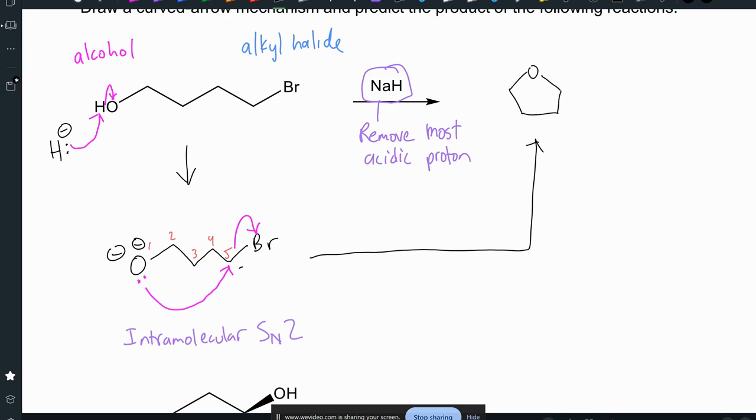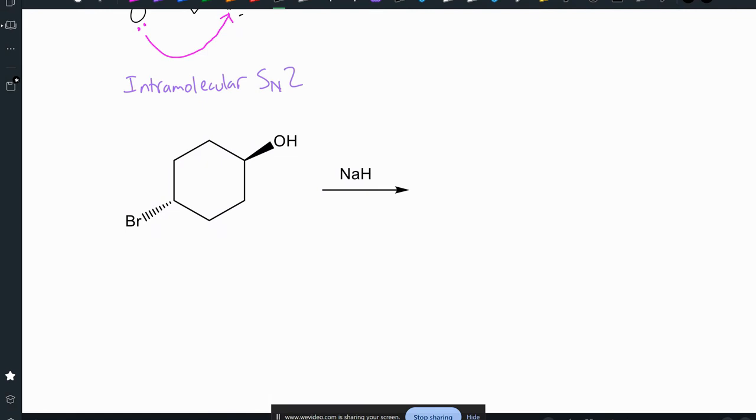I get this cyclic ether, and then Br minus is a side product. Hydrogen gas would be a side product of the first step, but this is a way I can make a cyclic ether. In this case, it's a 5-membered ring.